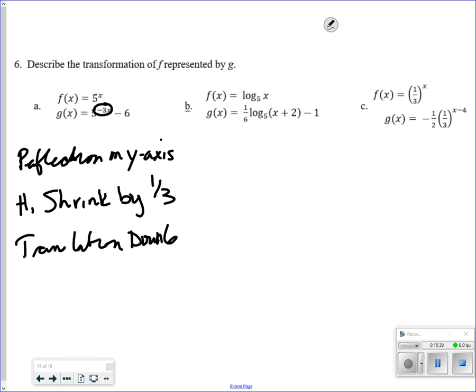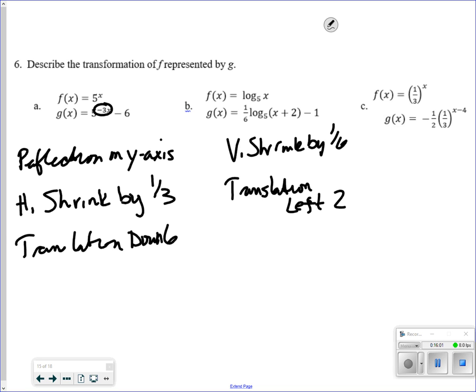So the next one, how to get the 1/6 in front? That's a vertical shrink by a sixth. Then they replaced x with x plus 2, so that is a translation to the left 2, and then another translation down 1.